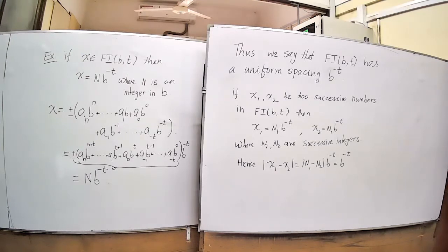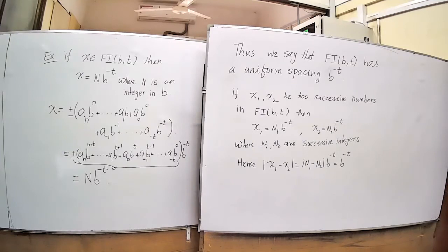Because these numbers are successive to each other, the integers should also be successive. And the difference between two successive integers is always 1. So the absolute value of x1 minus x2 is 1 times b to the power minus t, so you will have b to the power minus t spacing here.